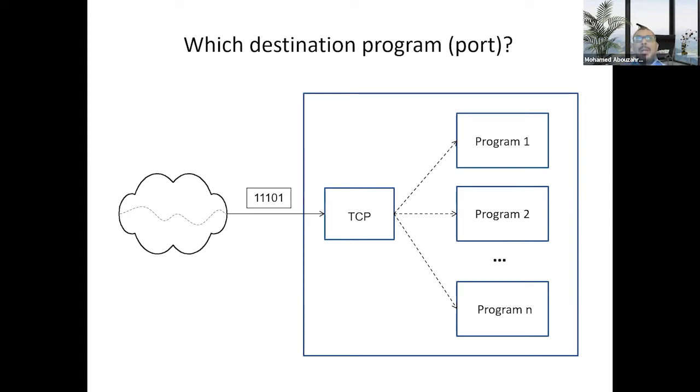But for now, I want you to understand that the purpose of the port is to differentiate between the different applications running on the computer. When data comes to your computer, how does it know whether it's going to the web client, the email client, or your video application?